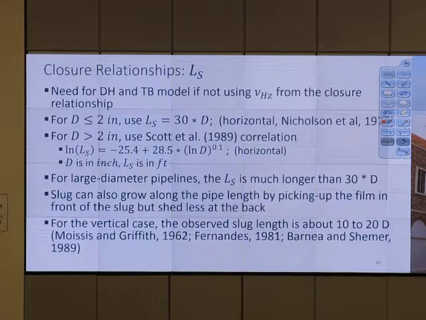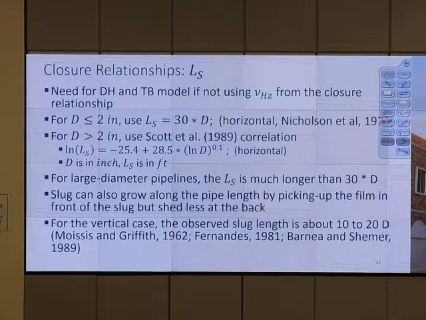And slug length, either slug length or slug frequency. Of course, VTB comes from the closure relationship for drift velocity. So for Dukler-Hubbard, we need number one, VTB, of course. Next is slug length and HLS holdup. If you don't get slug length, getting frequency from a closure relationship is fine too. Those are the only two parameters that we require.